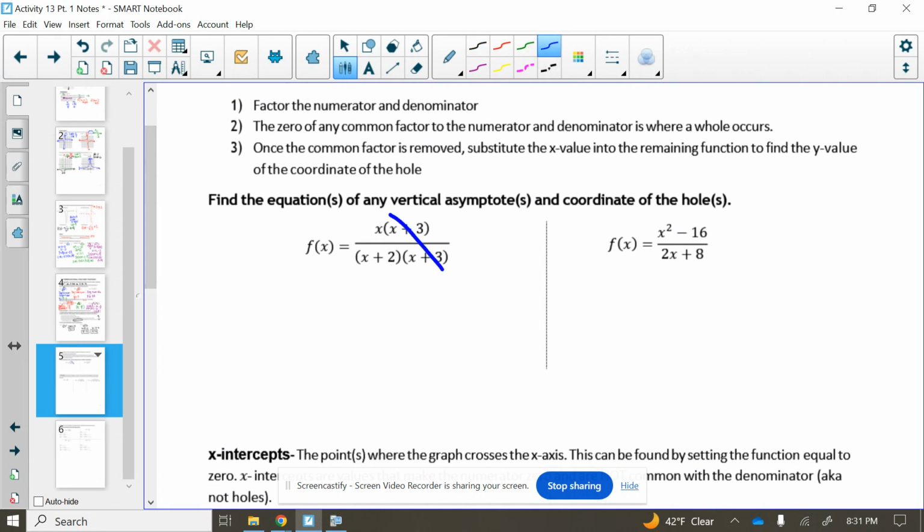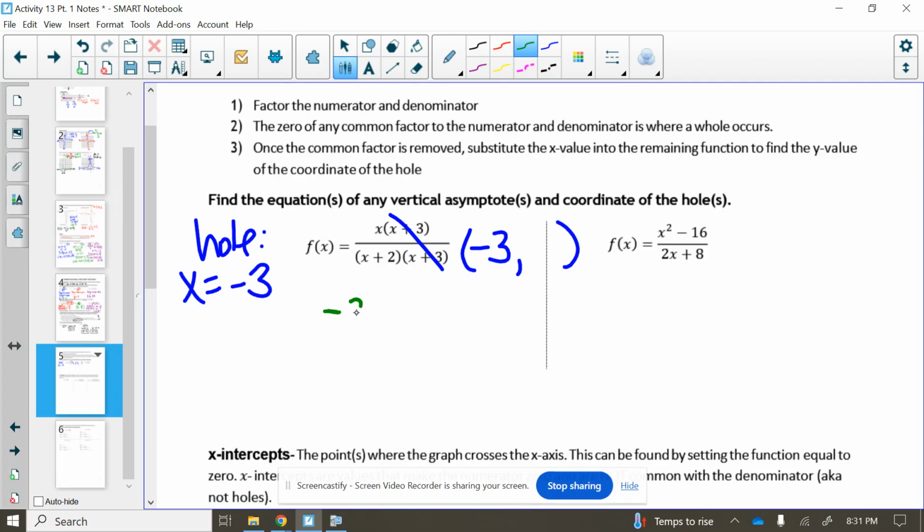So for instance, we see that x plus 3 can cancel in this particular function, so we know the x value of negative 3 is going to be the location of our hole. But again, our holes are x, y coordinate points. So to get this y value, what we would do is plug negative 3 back into this piece that we have left over after we cancel out our pieces.